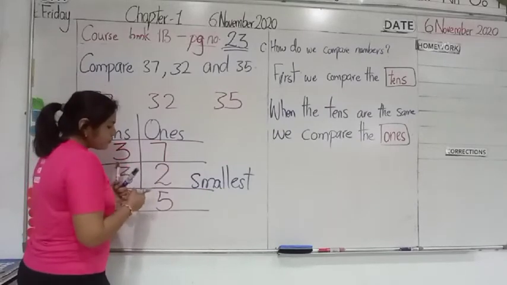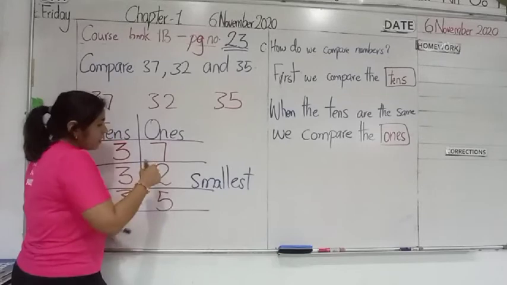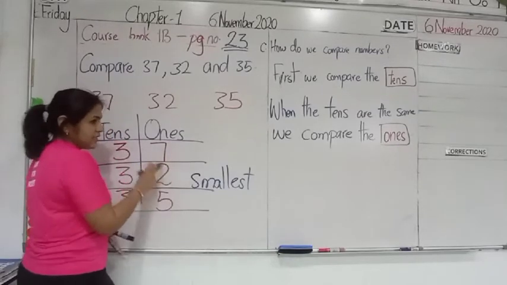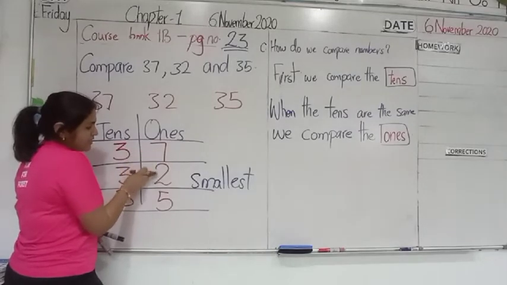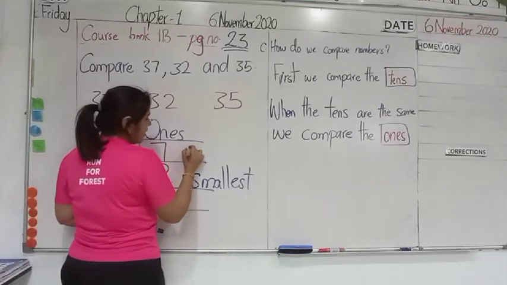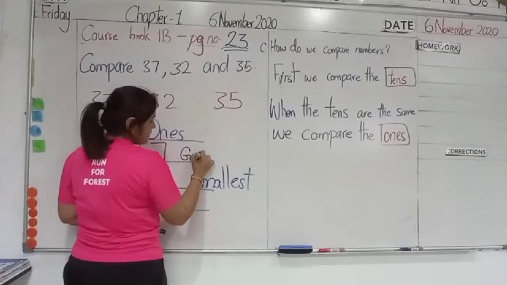Now between 7, 2 and 5, 7 is greater than 2 and 5, so 7 is the greatest.